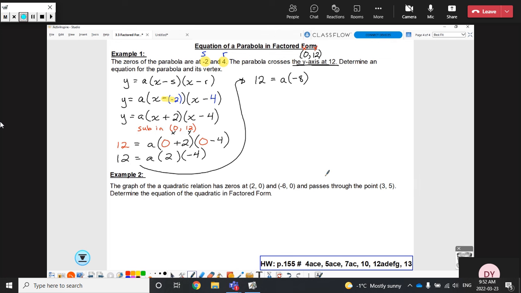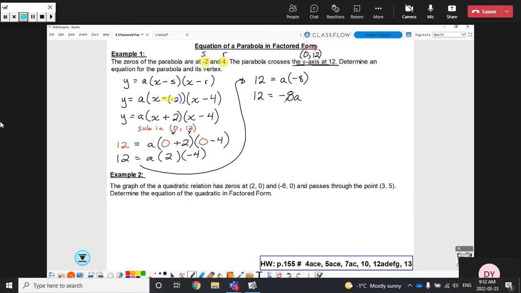That looks a little funny to me, right? A times negative 8. So we're going to try to maybe rewrite that as negative 8a, because that's the same thing as a times negative 8, and that might seem a little bit more familiar to you. So at this point, if we're trying to solve for a, what do we got to do to solve for a? We don't want negative 8a, we want 1a. Yes, so it's multiplying, but when we do that, it's kind of like dividing now.